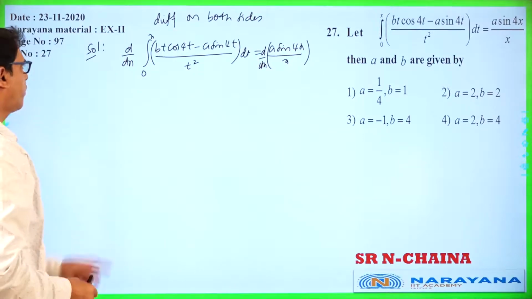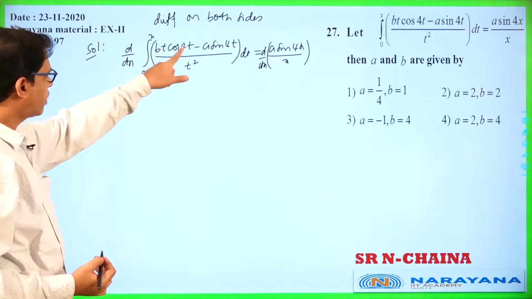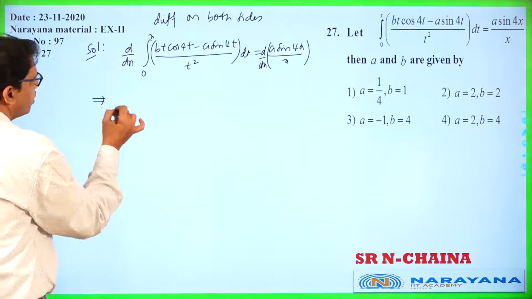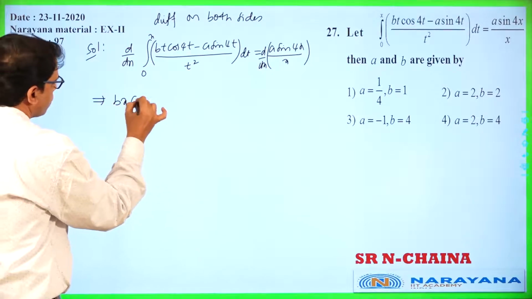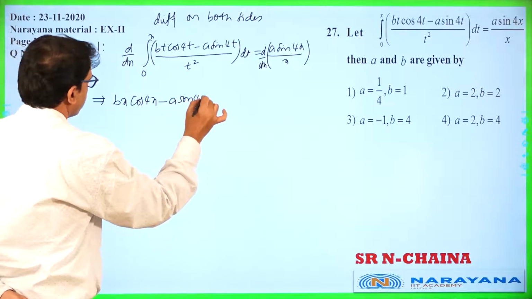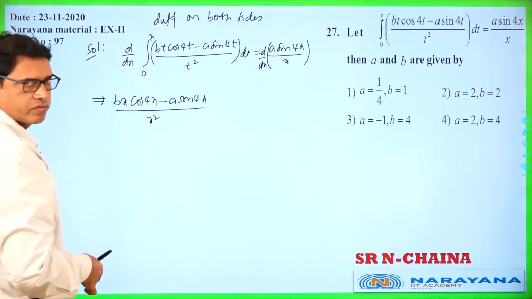Left hand side, Leibniz rule, what I said: wherever t is there write x. So left hand side will be bx cos 4x minus a sin 4x upon x square minus this will be 0.